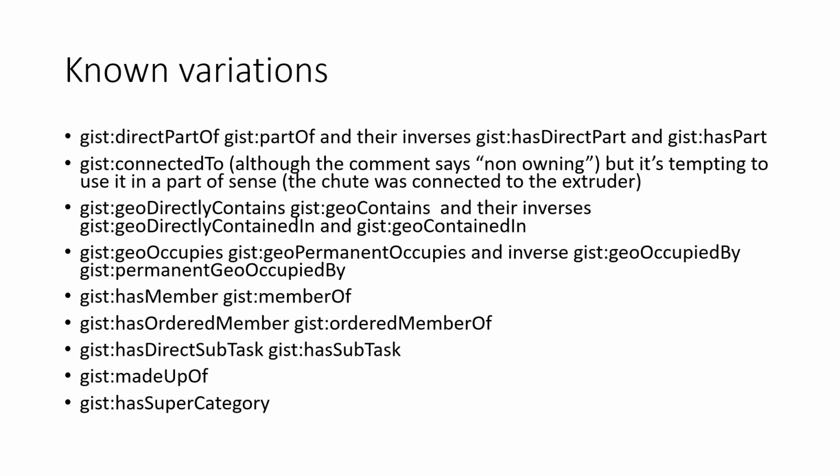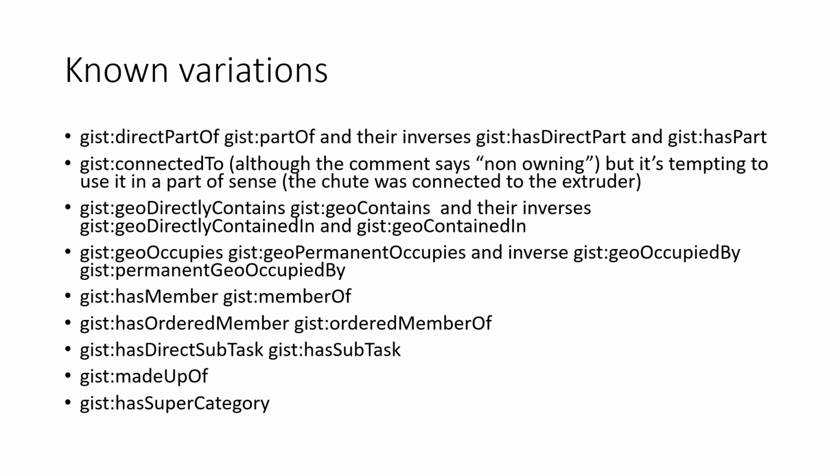A spark plug is part of an engine, which is part of the car. So if you want to see a tree, you use direct partOf, and if you just want to see all the parts, it's transitive. Spark plugs are part of the car, but at that level, the tree has vanished. And each of those has an inverse.